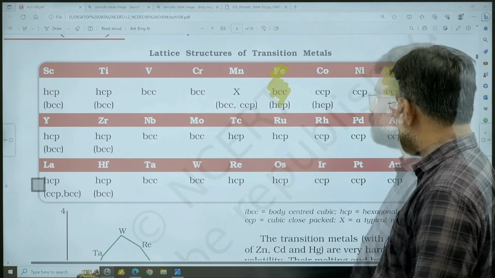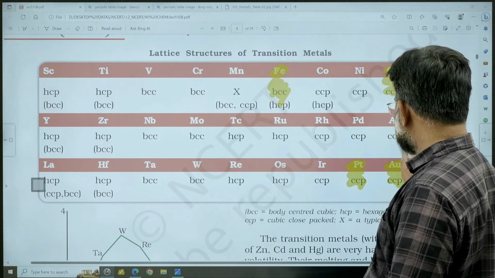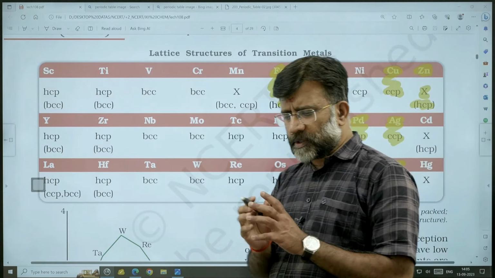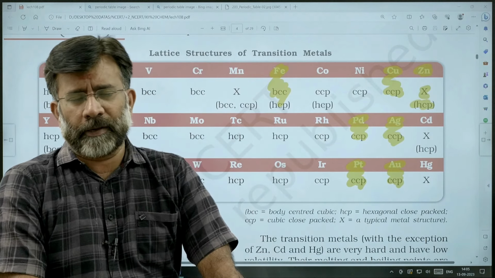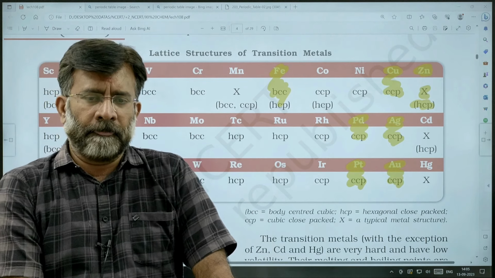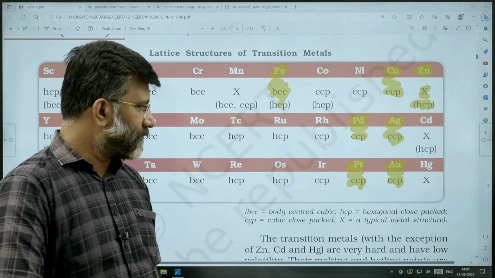Platinum, CCP, gold, CCP, silver, CCP, palladium, CCP. So for the most commonly encountered popular elements, you can get a fair picture regarding their crystalline arrangement from the table, right?